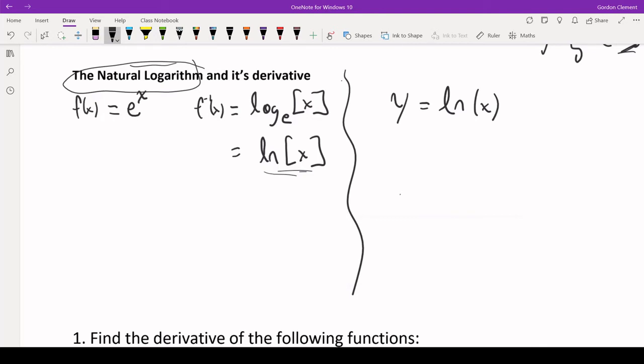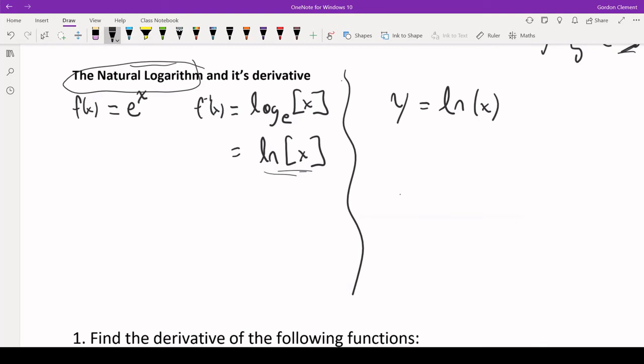And we're going to find the derivative of that. To figure out the formula for this derivative, we use something called implicit differentiation, which is something that you'll definitely learn in a first-year calculus course, but it's a bit beyond what we would do in high school calculus, but I'll show you how it works.